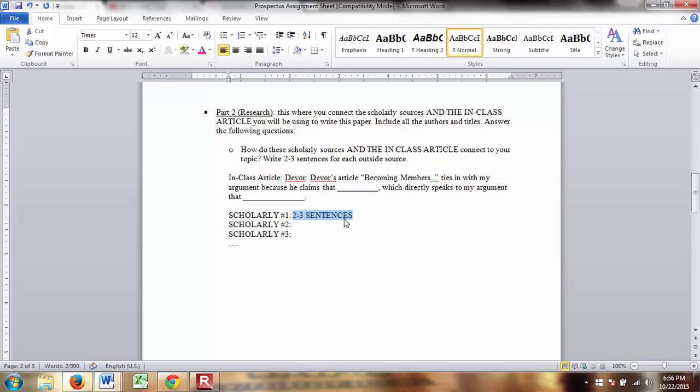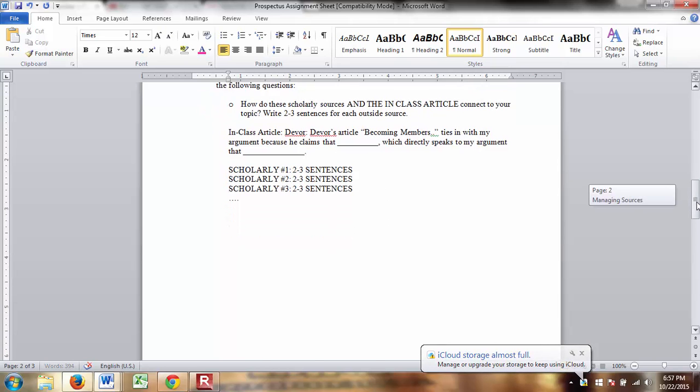Okay, all 4 need to be there. Now, of course, if you're going to use more sources, you can put more sources in the prospectus, okay? This is the main part of this assignment. I want to be able to see how you're going to use your sources in the paper. This is where most of your feedback will come from for this assignment, okay?